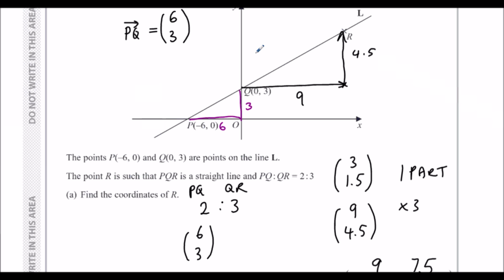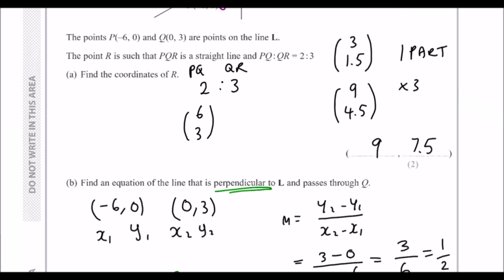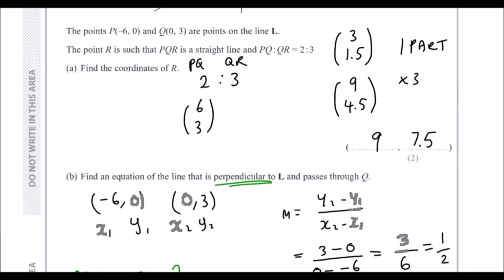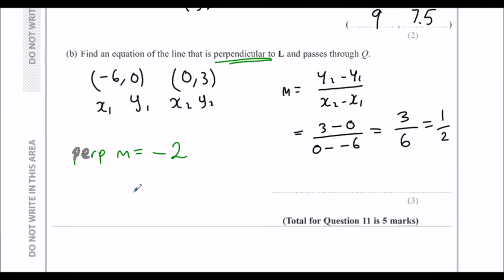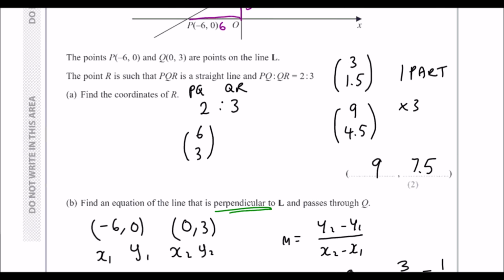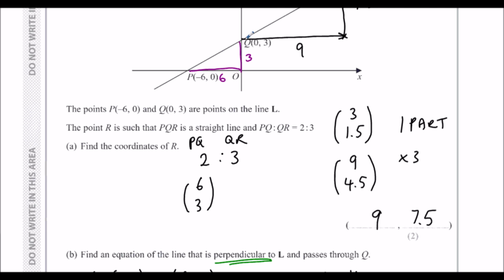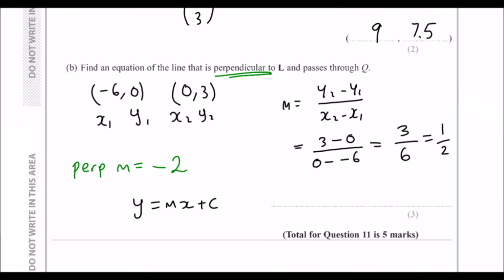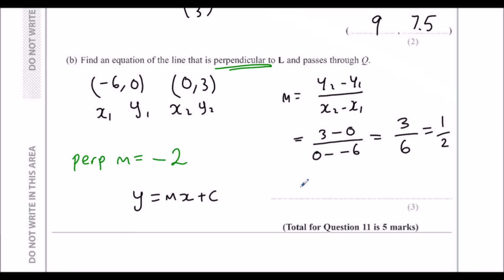For every 1 it goes across, it goes down 2. And we want to write down the equation. So that's in the form y equals mx plus c. So we know m is negative 2, and it goes through Q, which is going to be its y-intercept, which is at 3. So it's going to cross the y-axis at 3. So it's y equals negative 2x plus 3.